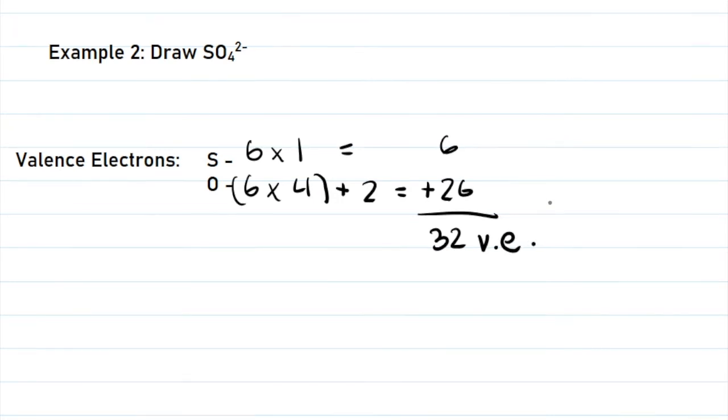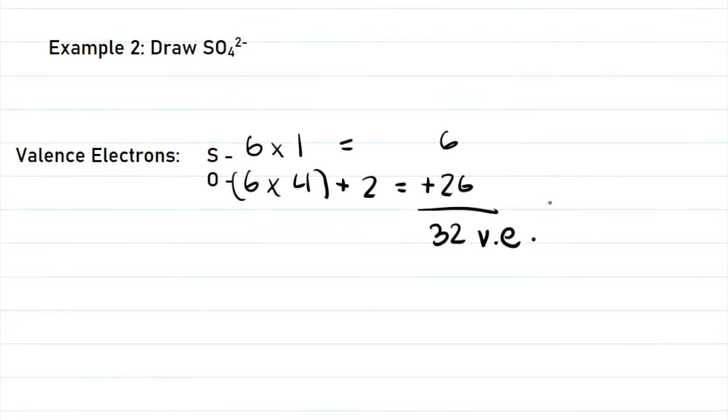Right, so your next step is to draw the single bonds with each of the atoms. You know sulfur is going to be in the middle because there's only one of them. And if you count all the bonding electrons, 2, 4, 6, 8, you've used 8 in total.